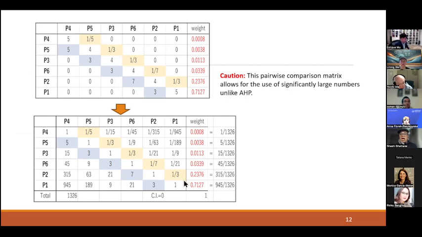I noticed that numbers significantly larger than "very large," larger than 9, are used here. This is a major difference from AHP. Additionally, it becomes clear that this method is not aimed at estimating latent relative evaluation values as in AHP. Rather, in the context of voting, the goal is to quantify the evaluator's subjective judgment.